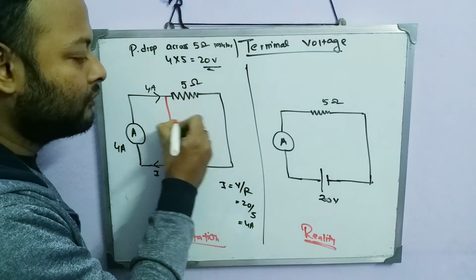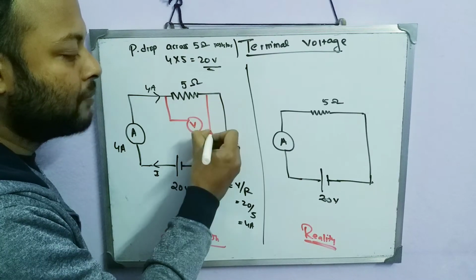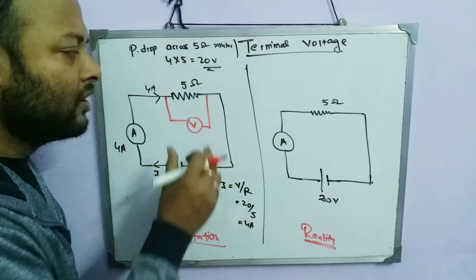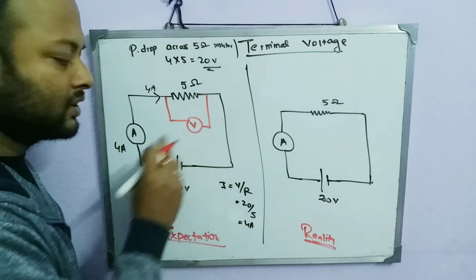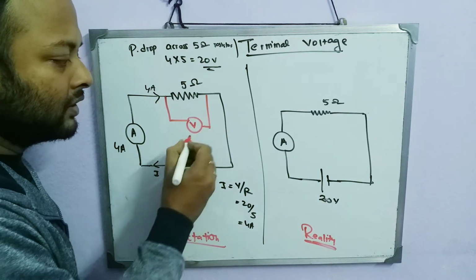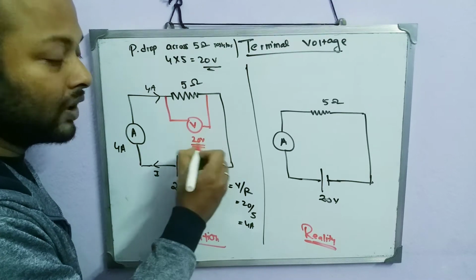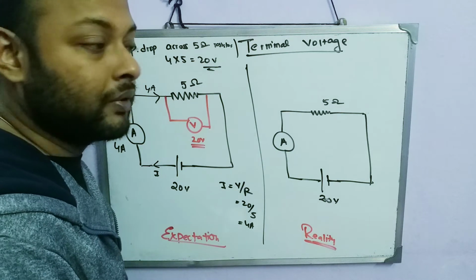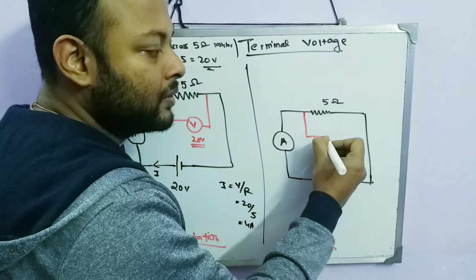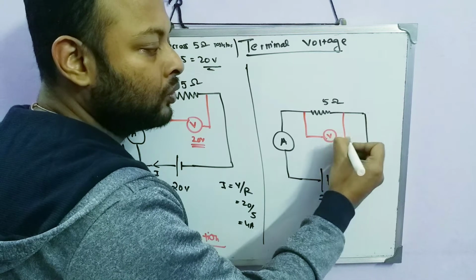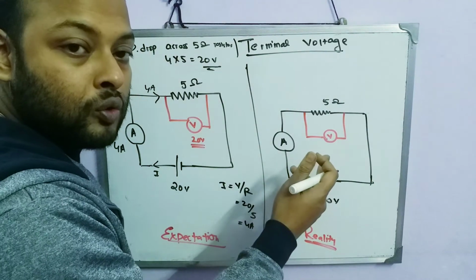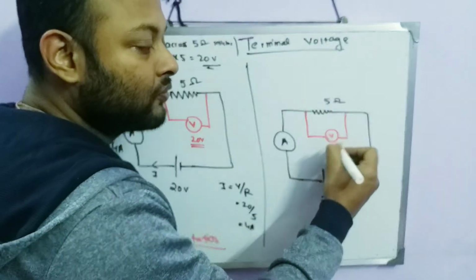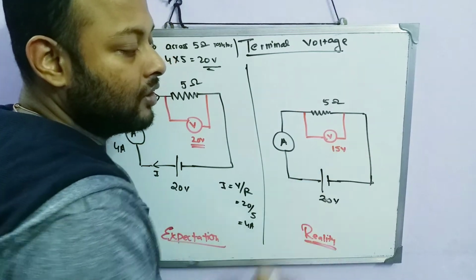If we connect a voltmeter in parallel, what is series, what is parallel, we'll discuss that a little later, so a voltmeter is connected like this, not like the ammeter. This is what we expect, but in reality something else happens. If we connect a voltmeter across this resistor, we are expecting 20 volt, but in reality this voltmeter measures 15 volt.